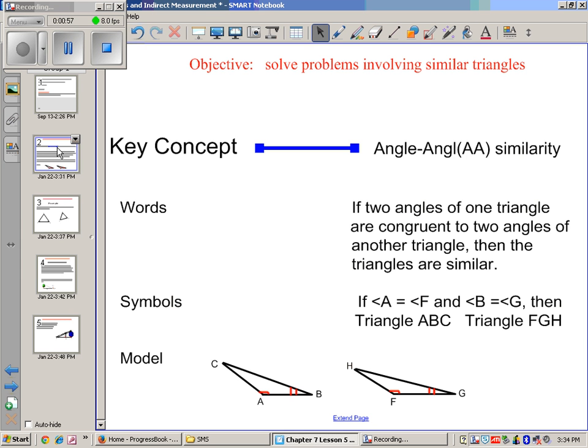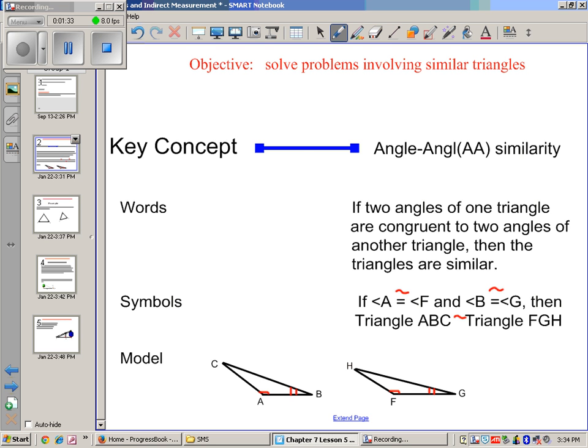So if angle A is congruent to angle F, and angle B is congruent to angle G, then triangle ABC is similar to triangle FGH. As you see on the model there, angle A has the one half moon along with angle F. The angle B has the two half moons along with angle G, showing that those are congruent.